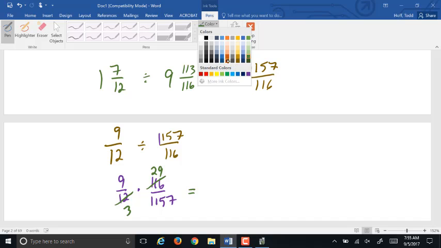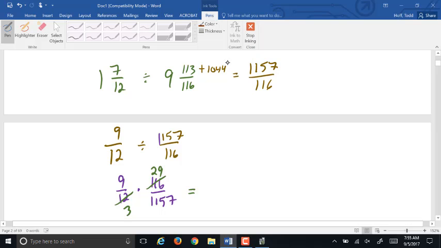So now we have 9 times 29 is 261, I believe. And 3 times 1157. 3471, yep. I was thinking 68 was where I was going.